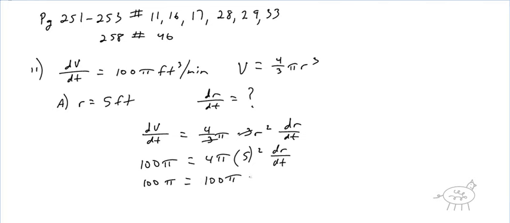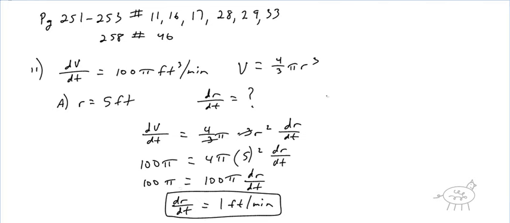Ooh, that's a lot of pi's. Hey, sweet, look at that, dr/dt is equal to 1. And of course, what are the units? It's radius with respect to time, so it's 1 foot per minute. Don't forget your units.